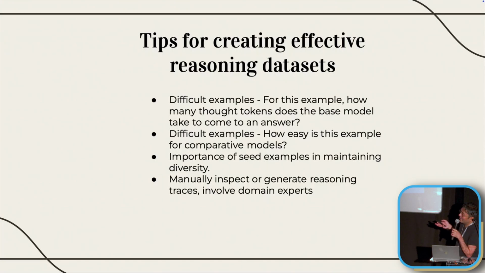Is that true? Well, it's true if you make a few assumptions. For example, the S1 paper that I mentioned a few minutes ago, they constructed a 1,000 example data set, and they made a 32 billion parameter model have a great uplift just with those 1,000 examples.